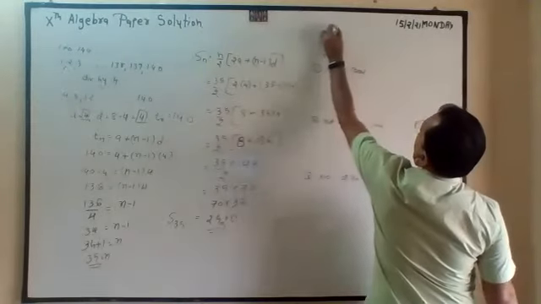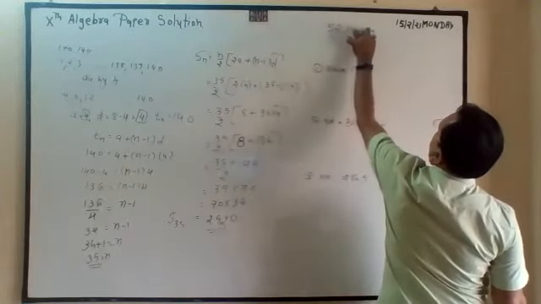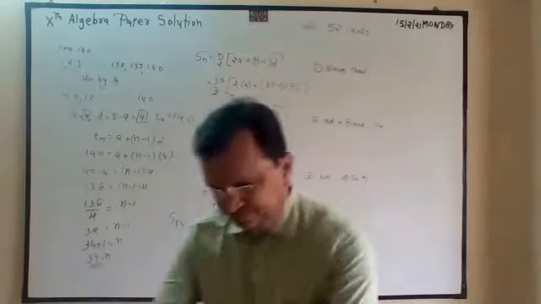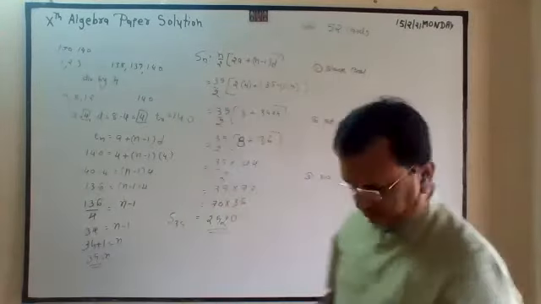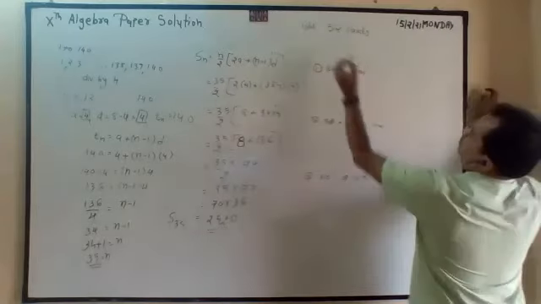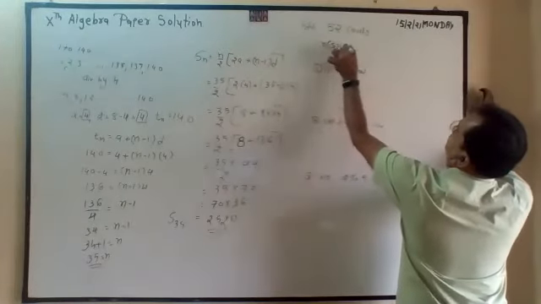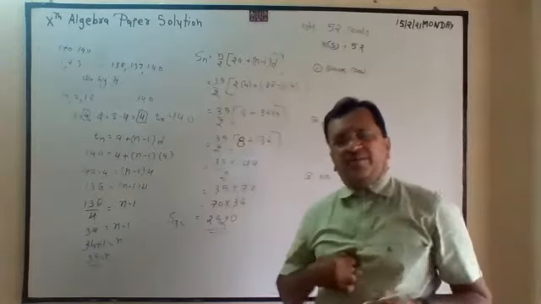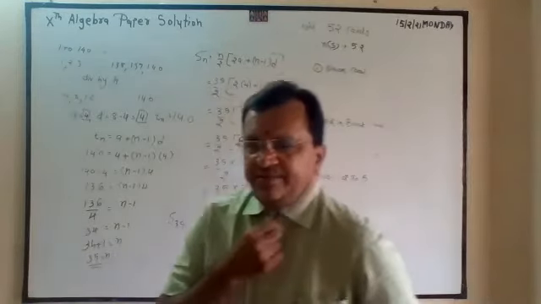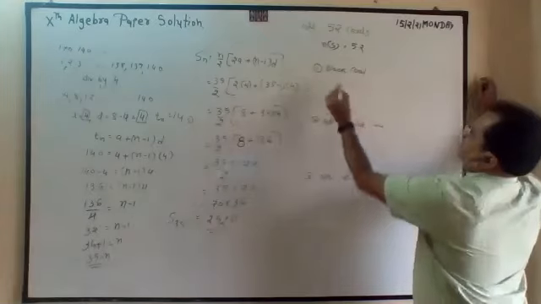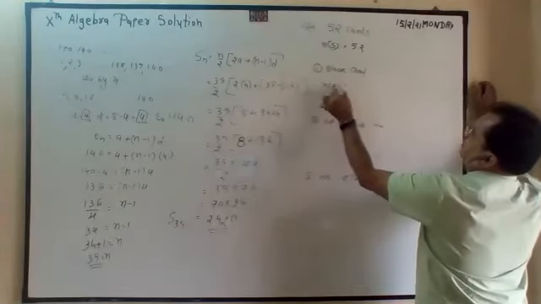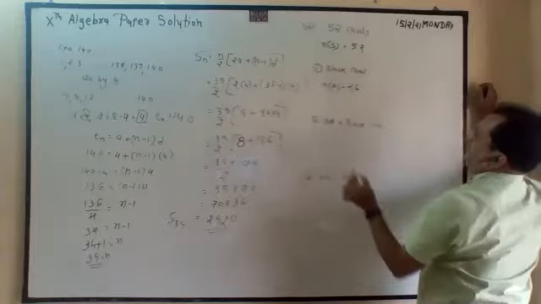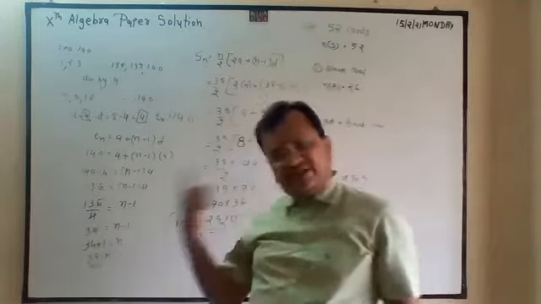And 52 cards total. So number of S is equal to 52. Black card, how many are black cards? Half black, 26. Not a black card means red card.